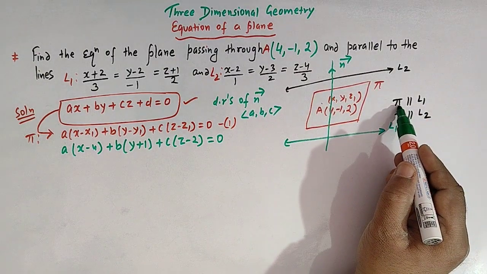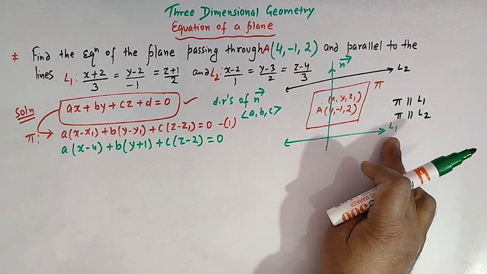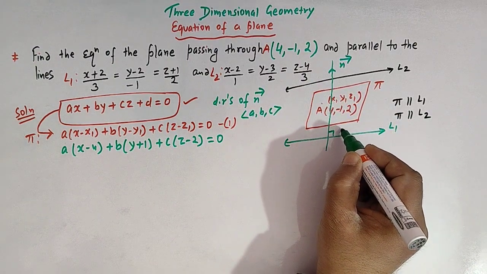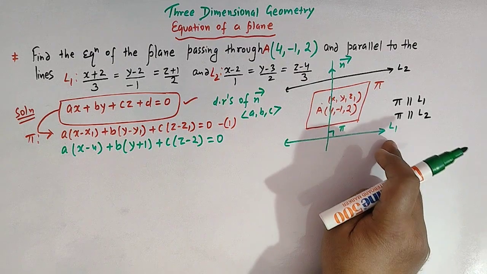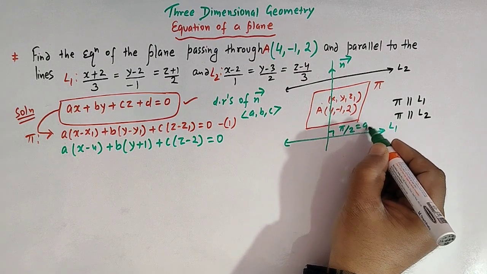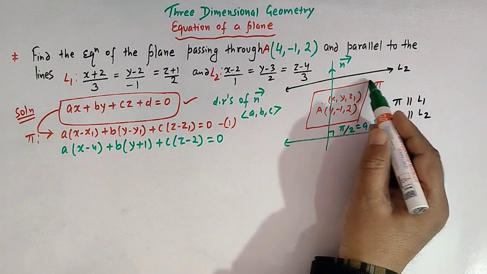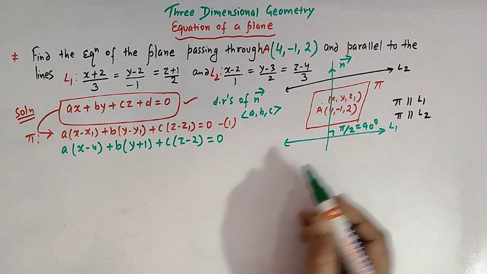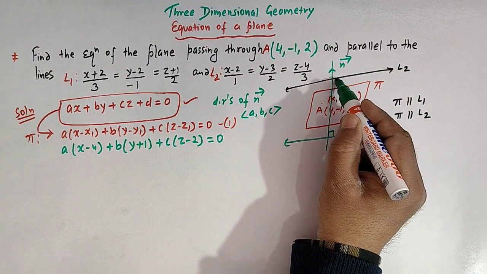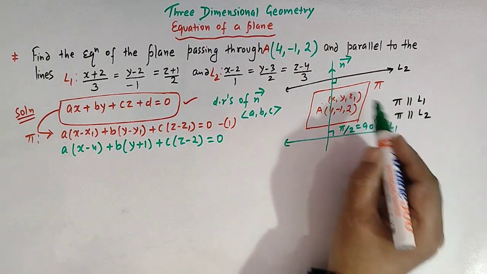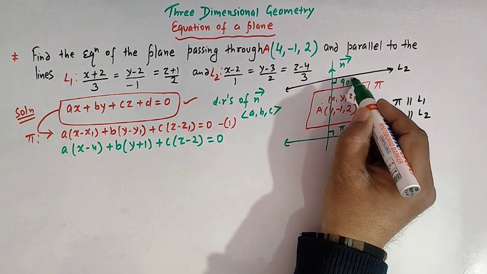This plane pi is parallel to the line L1, so this normal vector must be perpendicular to L1. This angle is pi by 2, that is 90 degrees. Similarly, this plane pi is parallel to the line L2, so the normal vector is also perpendicular to L2, and this is 90 degrees.